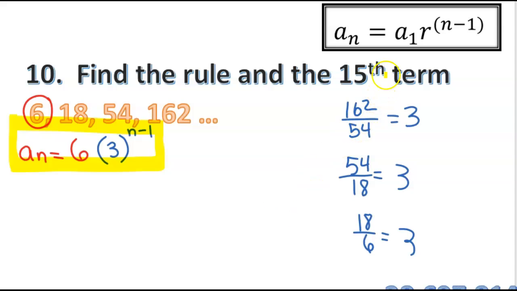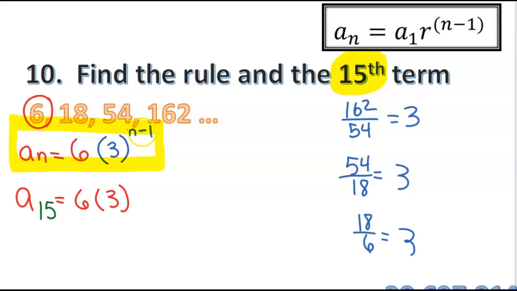Now, how do I use the function rule to find the 15th term? If I am trying to find the 15th term, that's what the n stands for, the term I'm looking for. That's the 15th term, but what does it say right here? N minus 1.